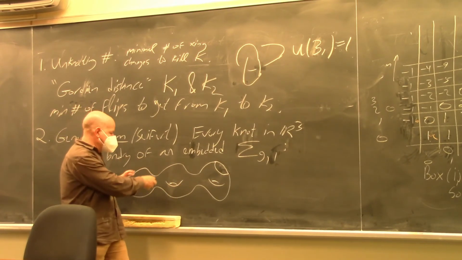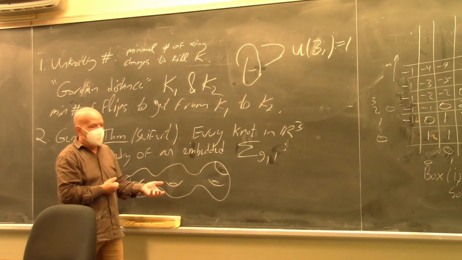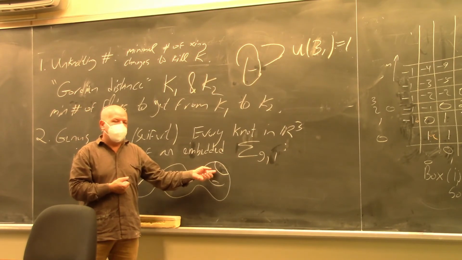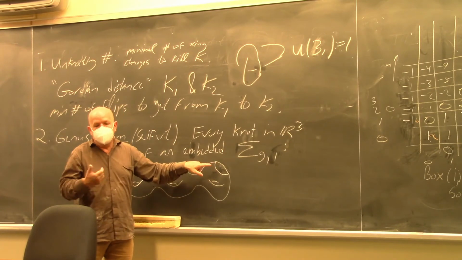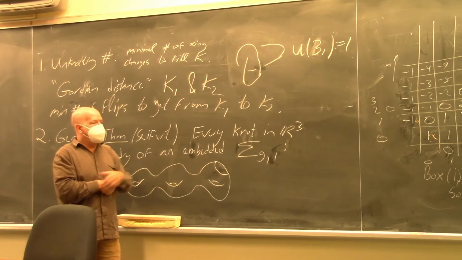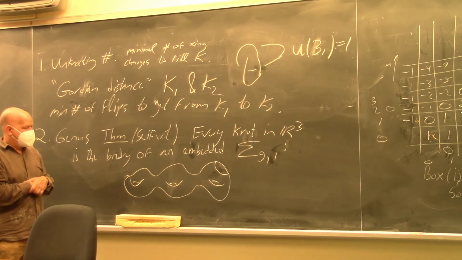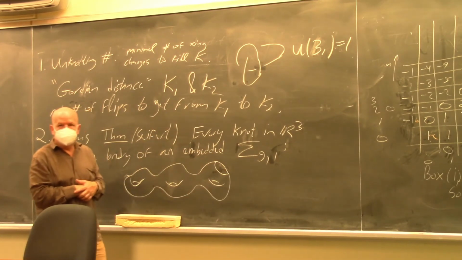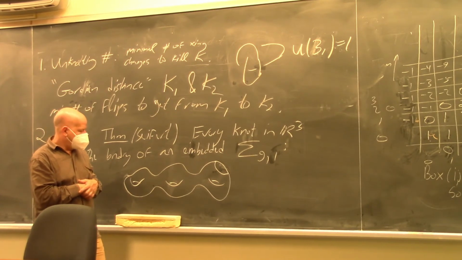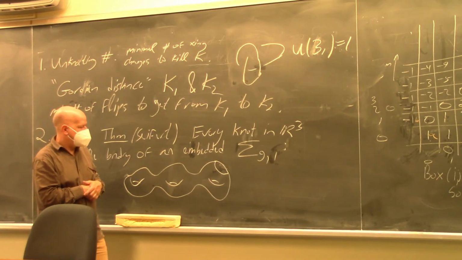But I could have embedded this surface in a more complicated way in R3, and then maybe the boundary itself would be knotted, and then the knot would be the boundary of a Sigma_{g,1}. Okay?